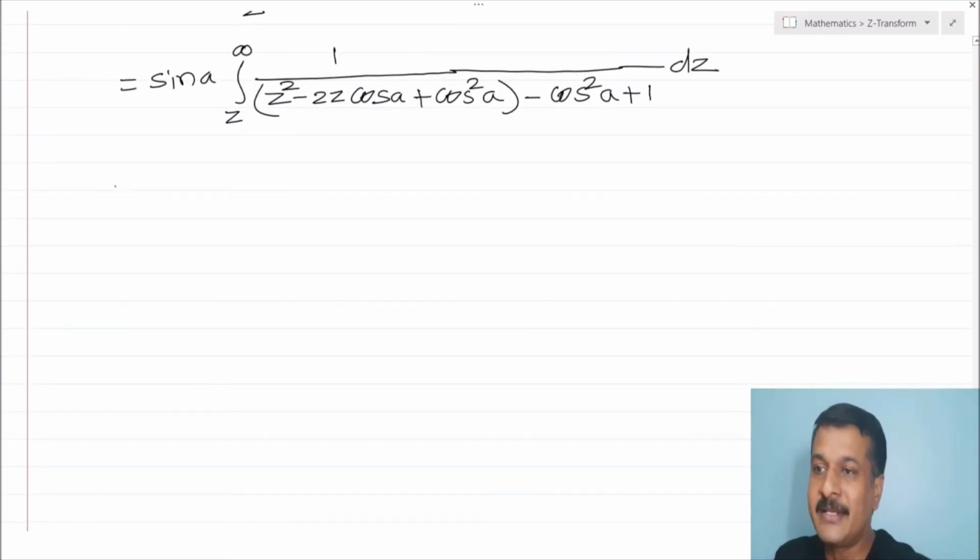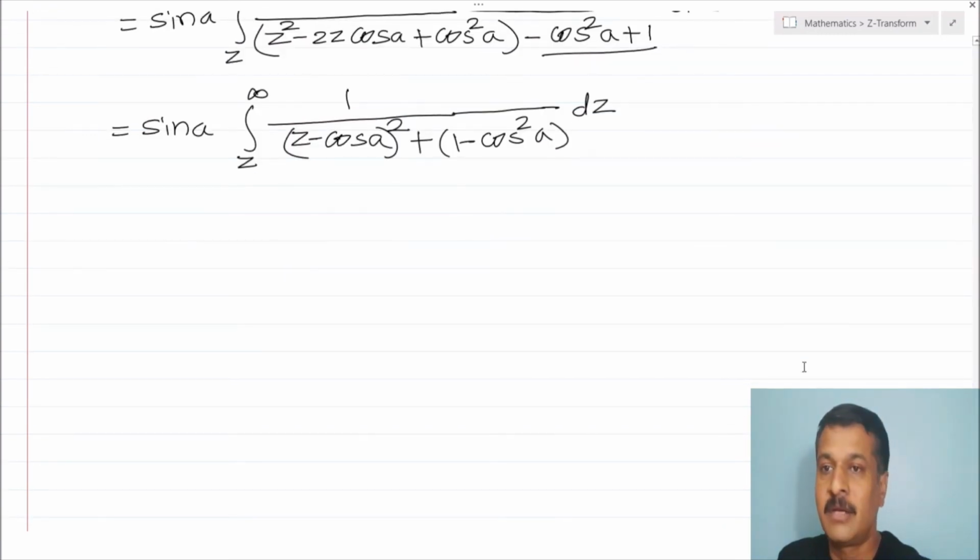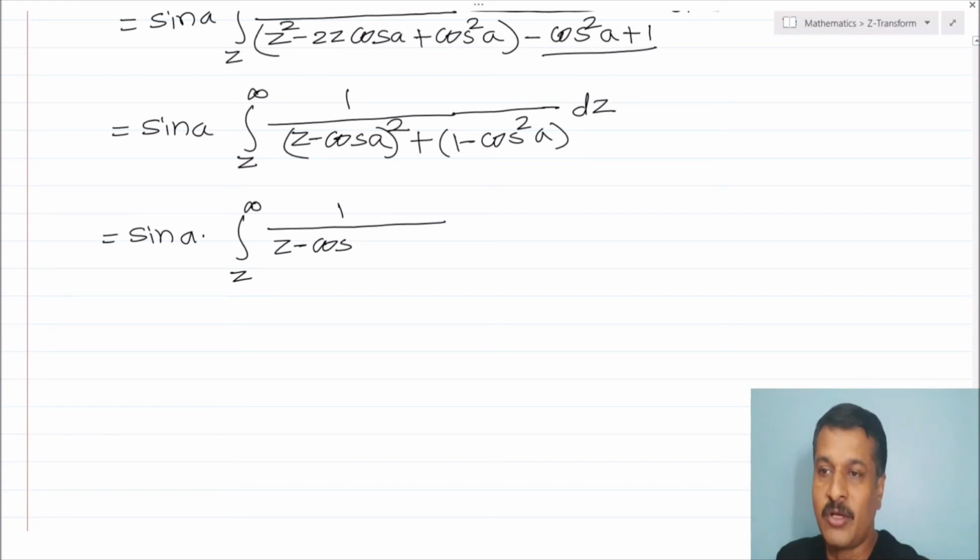So I am getting here that is equal to sin A integration from z to infinity of 1 upon z minus cos A whole square plus, and this I can write as 1 minus cos square A into dz, and that is why I am getting that is equal to sin A into integration from z to infinity of 1 upon z minus cos A whole square plus sin square A into dz.